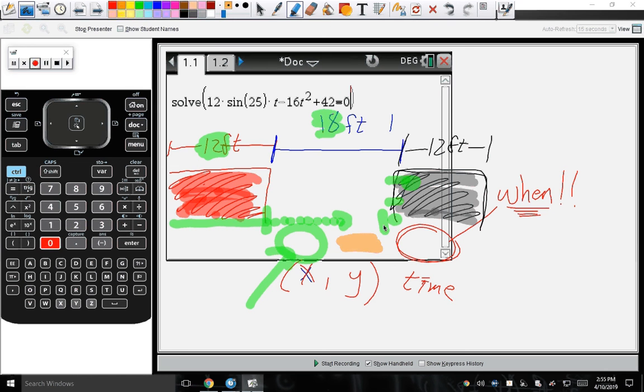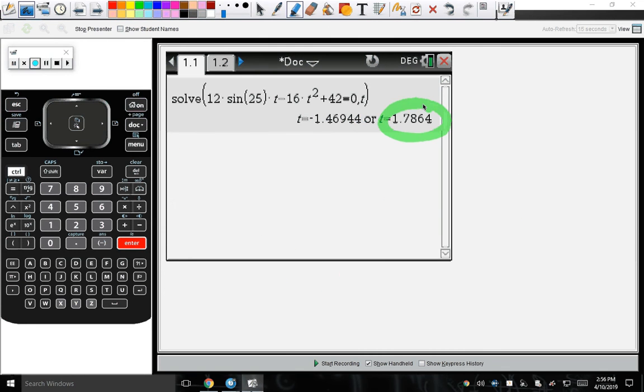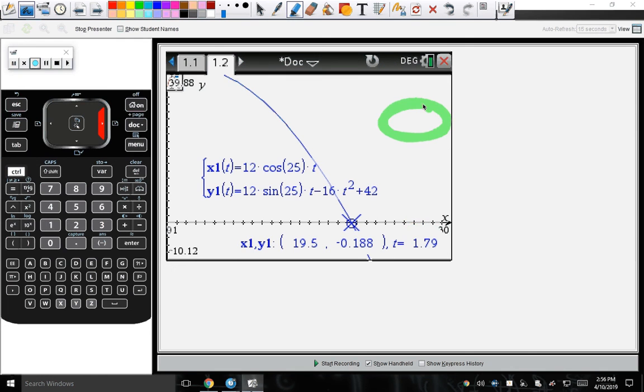So equals 0, comma t. Notice the answer that it gives me. It gave me 1.786, which is a lot more accurate than the other one that was down here at 1.79. There's those 3 decimal places that I'm looking for, okay?